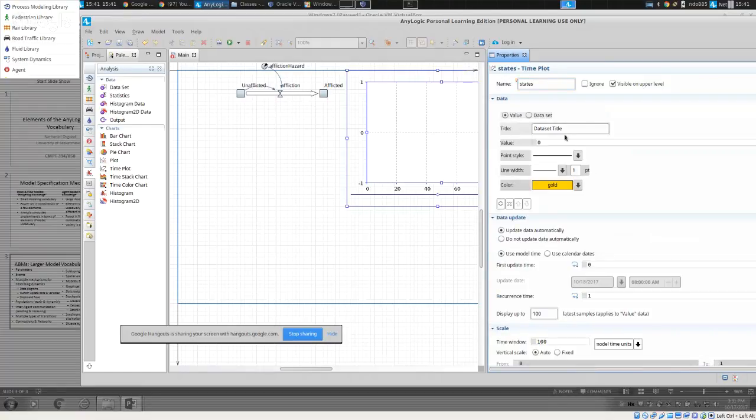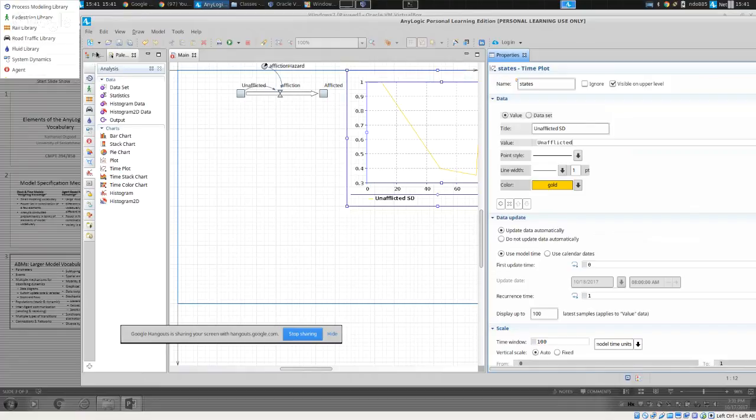We will put in data, and the data will be unafflicted SD, and the value will be unafflicted. Okay? So I've just told this plot to plot out the number of individuals in this stock.